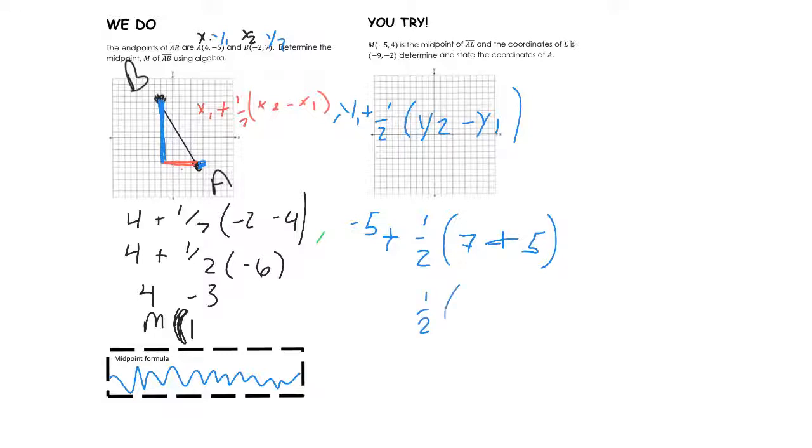So half of 12. Half of 12 is 6. -5 plus 6 is a positive 1. So the midpoint is at 1, 1. And if you look, 1, 1 on this graph would be right here. That is the middle of that line.